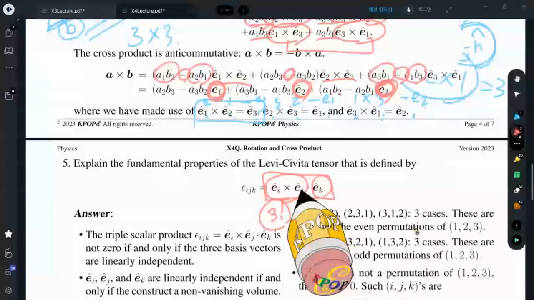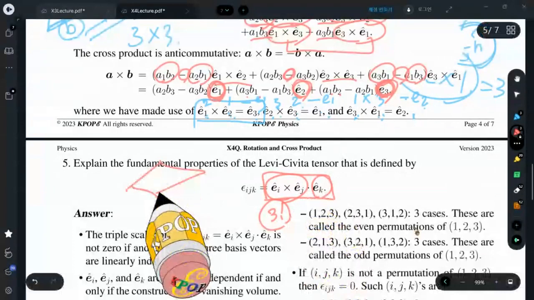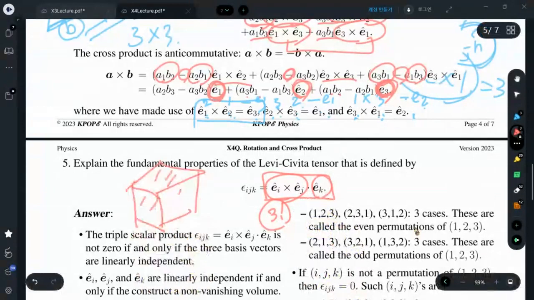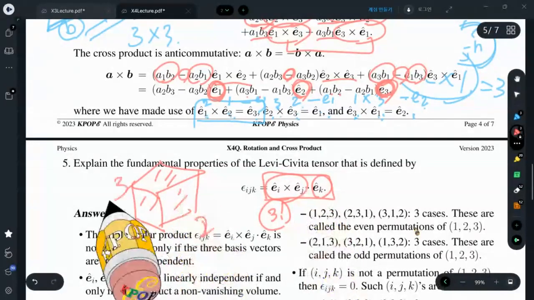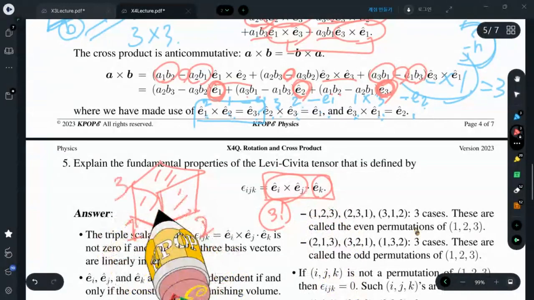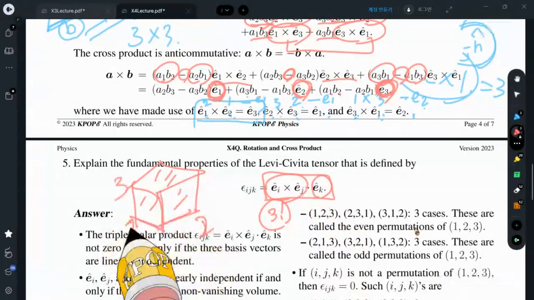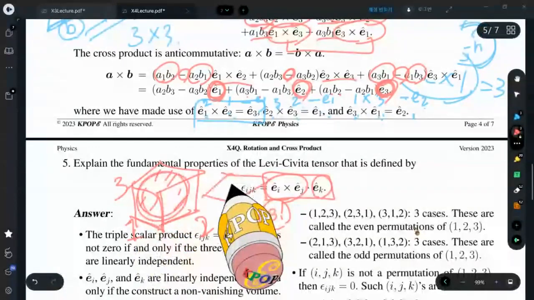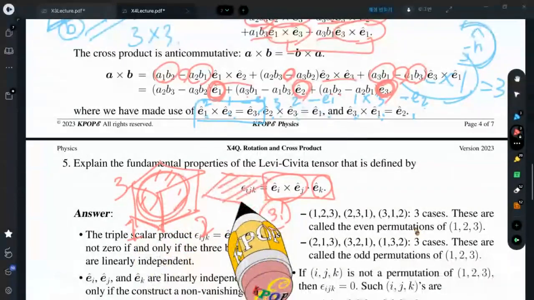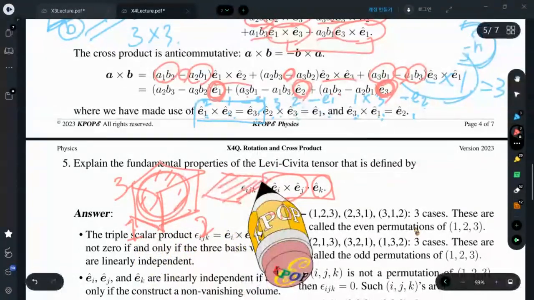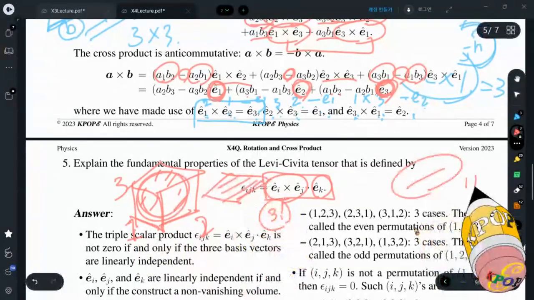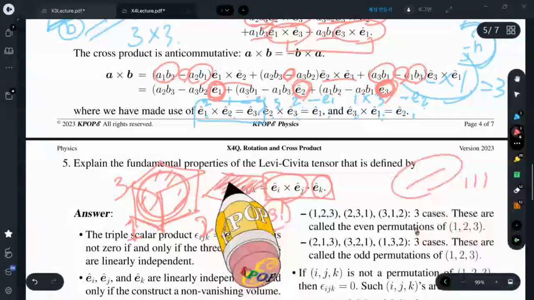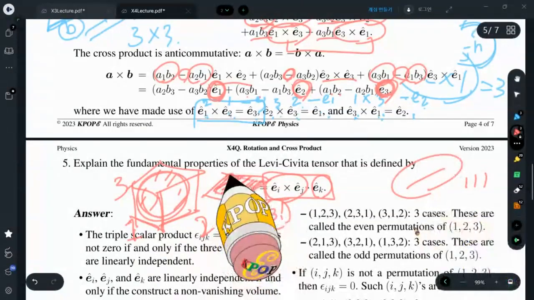This is nothing but the volume of a cube when i, j, k are all different. If you choose these 3 axes, and any 2 of the axes are the same, this cube becomes like that, or like that, a straight line, or a rectangle, a square.